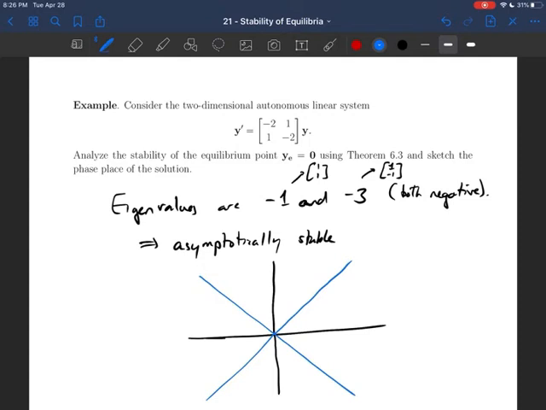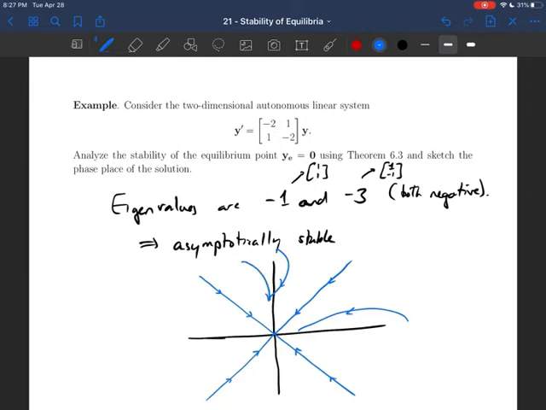So we can put together a phase plane by thinking about these directions. The eigenvalue directions have solutions that go out in them. So we'll have solutions along the vector 1, 1, and along the vector 1, -1. And so those are going to be solutions.